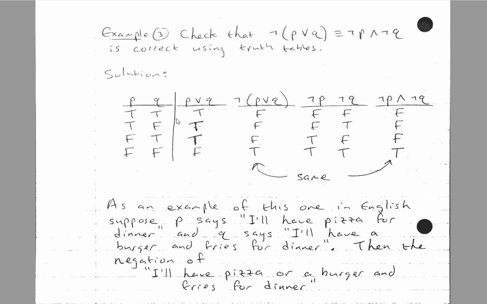Alright, so here's the tables. Yes, so first working out the left side. So P and Q, here's P or Q. And then here's the negation, just switching these T's to F's and F's to T's. Alright, so that's the left side, looks like this.